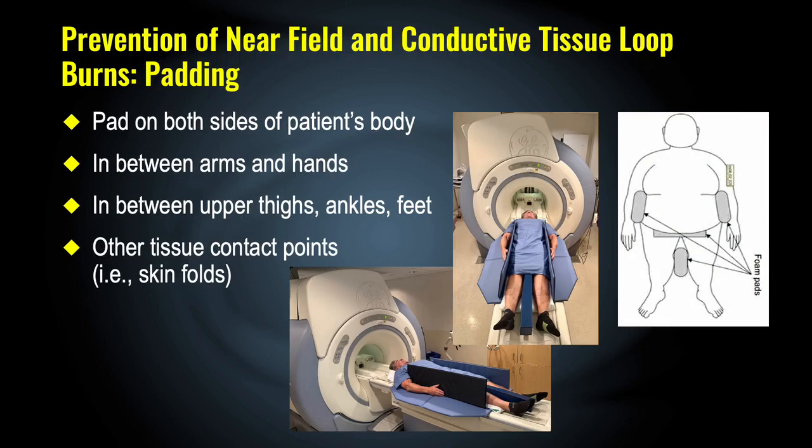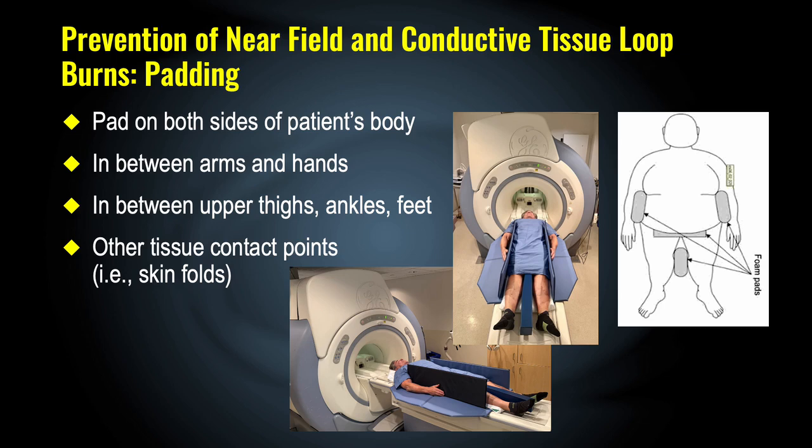Because padding is such an essential part of preventing near-field effect and conductive tissue loop burns, I will present an example of how to pad a patient in the supine position with his arms along his sides. First, ensure that padding is placed on the sides of the patient to prevent direct contact with the bore of the MR system. That means there should be no contact between the patient's tissue and the transmit RF body coil.